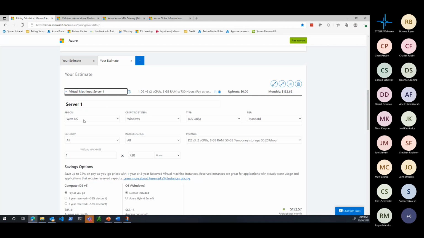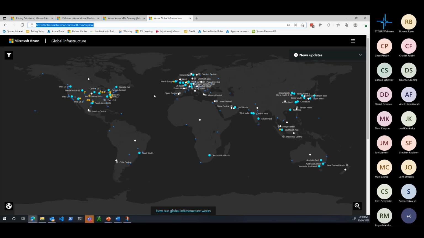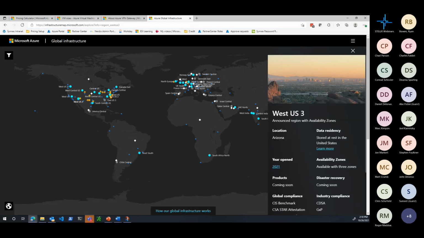Well, how do I know what I want to pick? Well, this is where at the end of our session today, this will be in your resource links, but we can see the global infrastructure that Microsoft has. It's very large, it's very vast. And just a few months ago, they brought online the West US 3, which I think is more in Arizona.